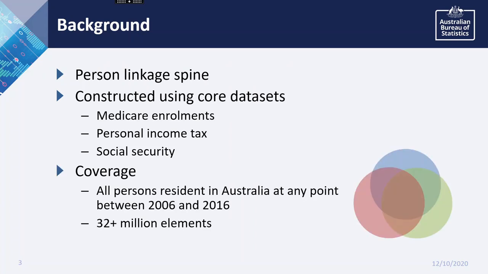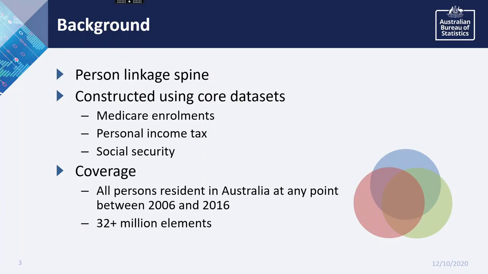Another important aspect of our data integration program is our person linkage spine. And this can be thought of as an asset or an index that we can use to link persons across multiple different admin data sets. So we construct our person linkage spine using our three core data sets. So those are Medicare, income tax data, and social security data.